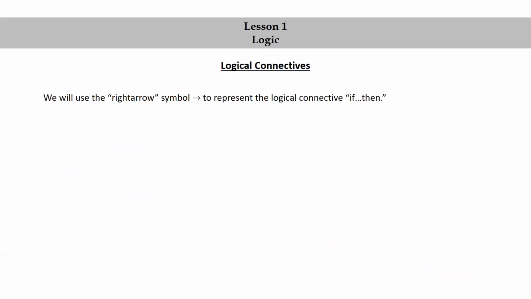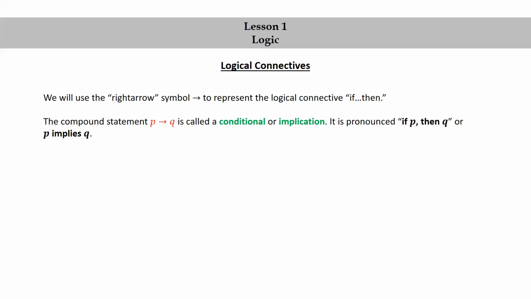We will use the right arrow symbol to represent the logical connective "if then." The compound statement P implies Q is called a conditional or implication. It is pronounced "if P then Q" or "P implies Q."